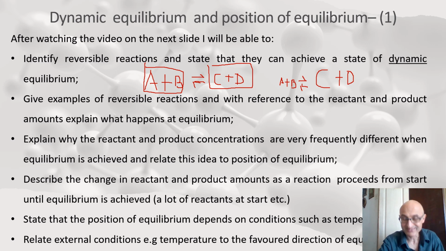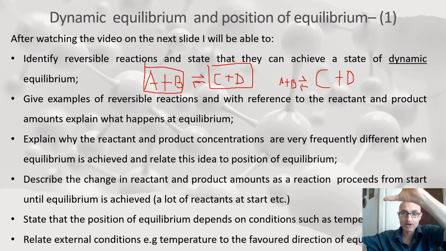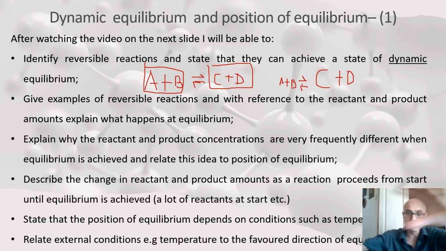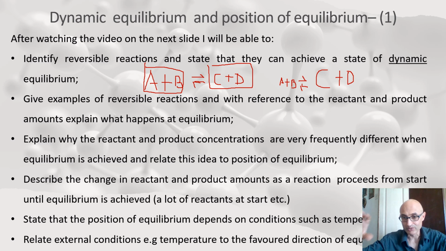But notice, we still talk about an equilibrium because the concentrations stay this way. You stay with exactly the high amount of C and D, and exactly the small amount of A and B at equilibrium. That is the equilibrium position. It's not in the middle. The equilibrium position favors the forward reaction.